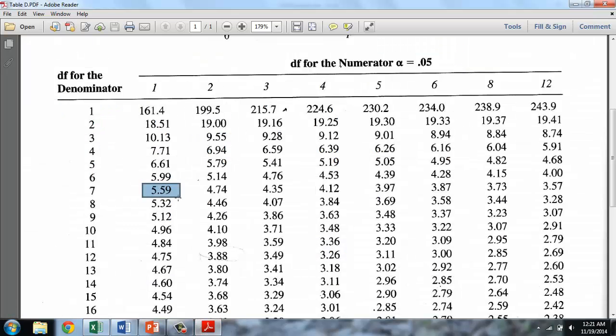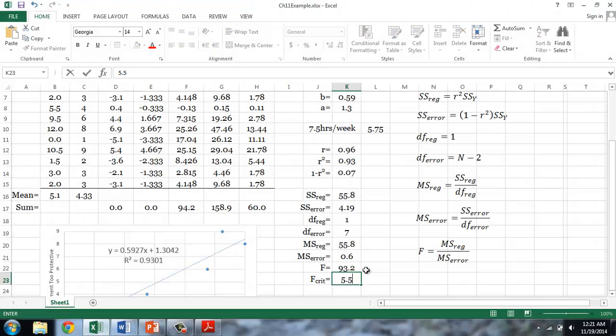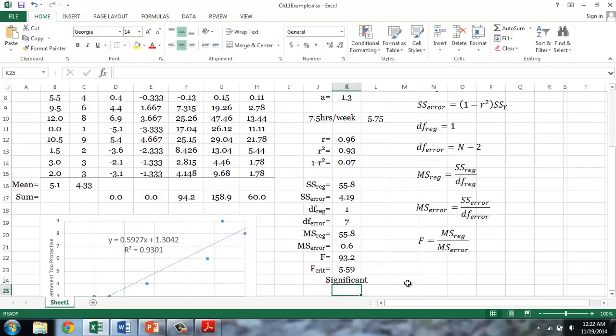And so, at the 0.05 level of significance, we have a critical F of 5.59. Since our calculated F is far greater than our critical value, we can say that our regression results are significant.